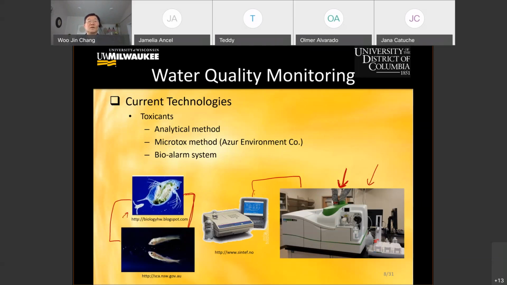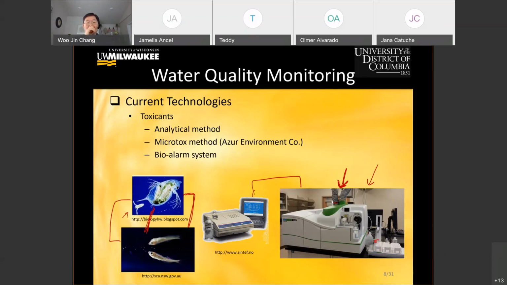If the quality of water has some issue, for example, toxicants are added to the water, then these animals will be dead, or at least the activity will drop. So by monitoring the activity of these animals, we don't know what the source is, but we can monitor whether the water has some issue or not.